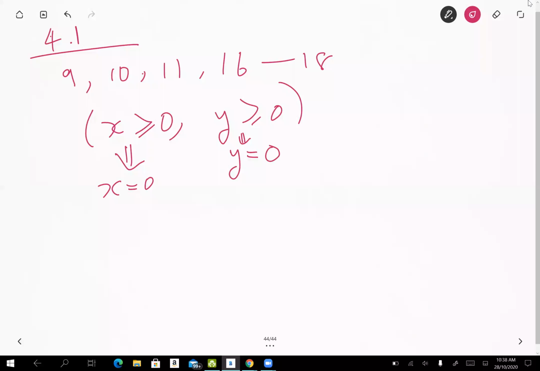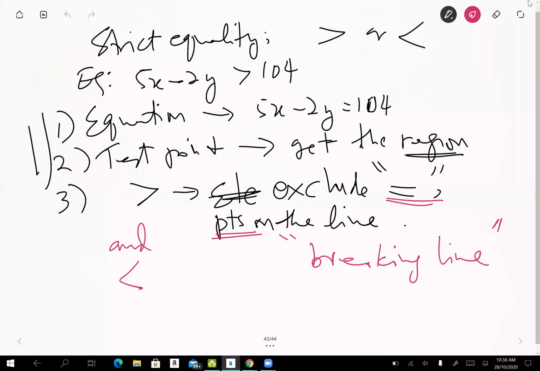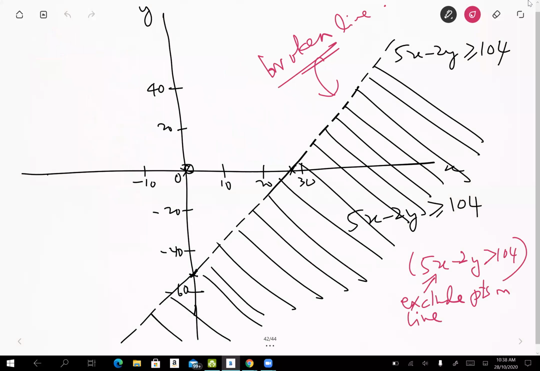So where is the line x equal to 0? Is it the y-axis or is it the x-axis? And what is the line for y equal to 0?